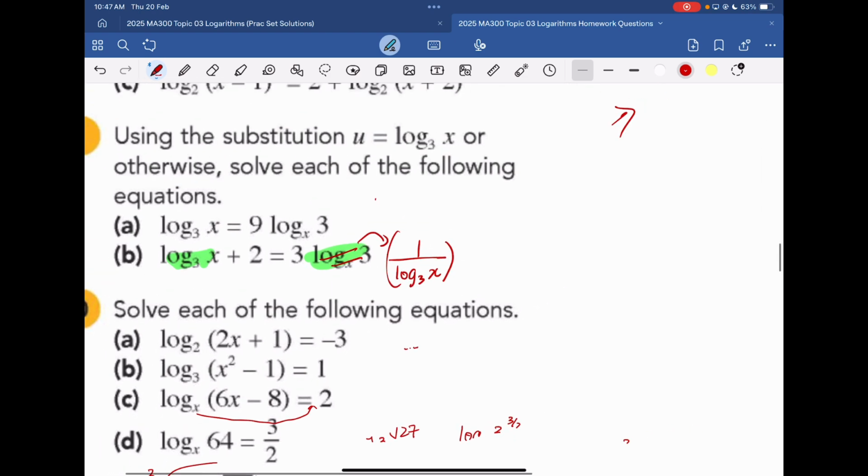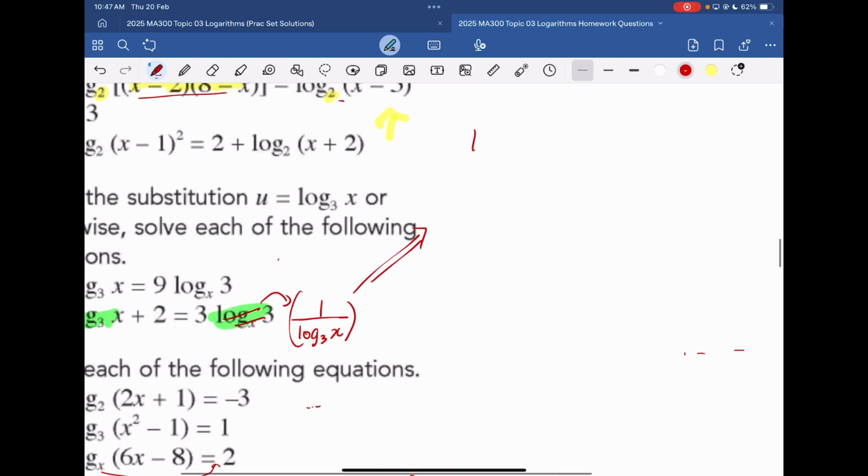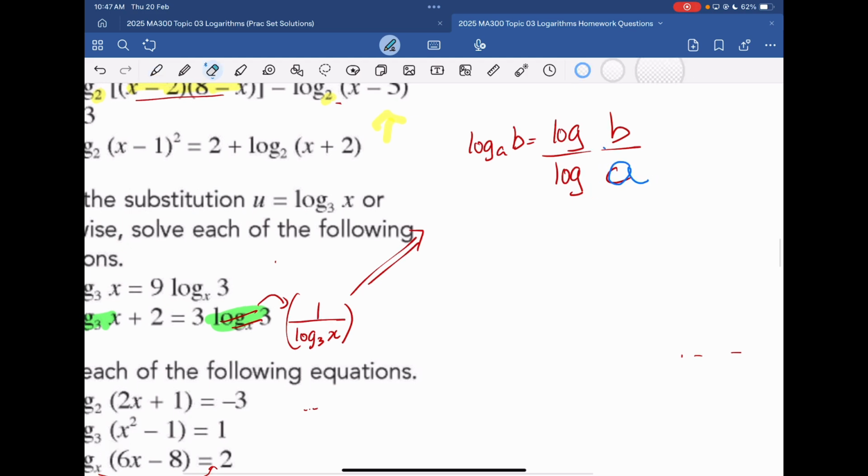Okay, so here, you remember the change of base formula. Log base A of B is the same as log C of B over log C of A, where I change the base to C, for example.